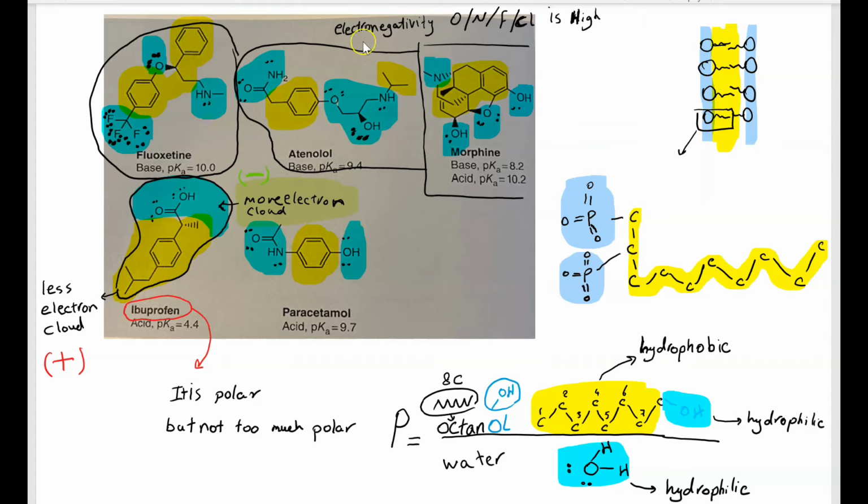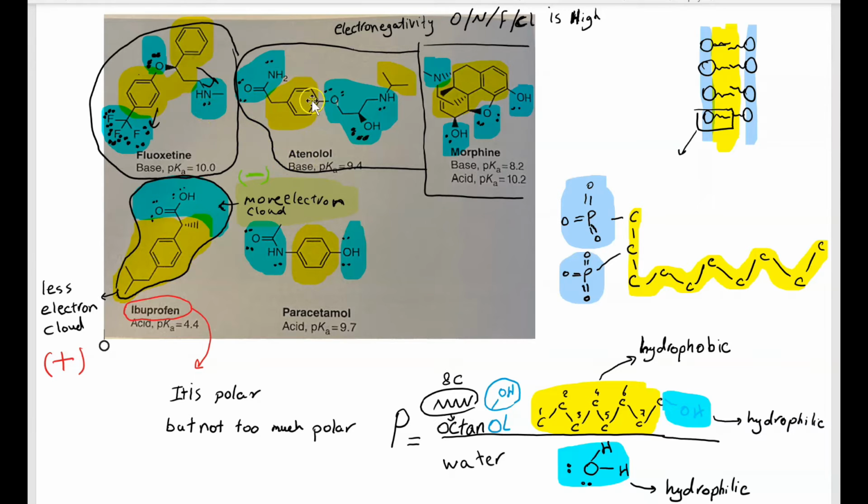Because they have high electronegativity, so their nucleus can attract the electron cloud, and they can pull all the electron cloud from the carbon toward themselves. So that's the way they work as polar.